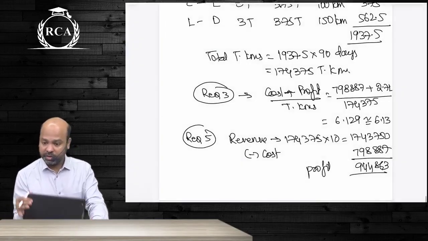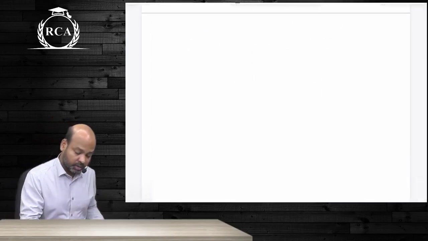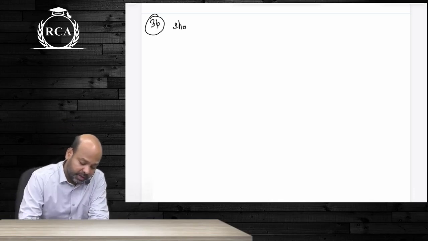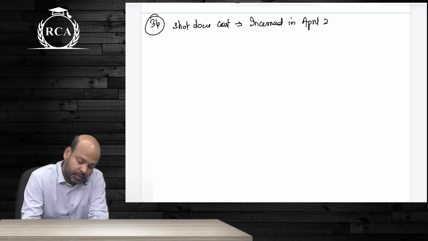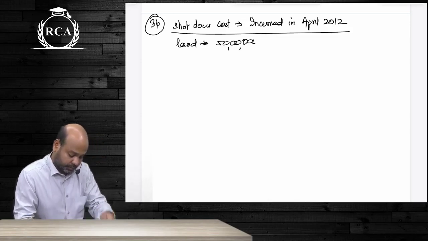Can we write it down first? Did you understand what I said? The cost was incurred in April 2012. Land cost is 50 lakhs.